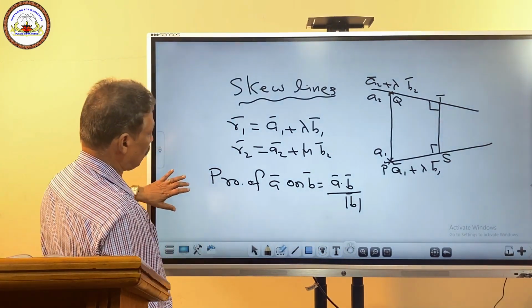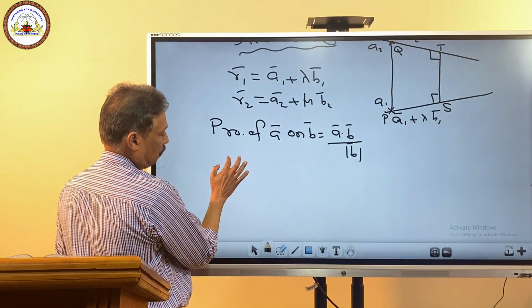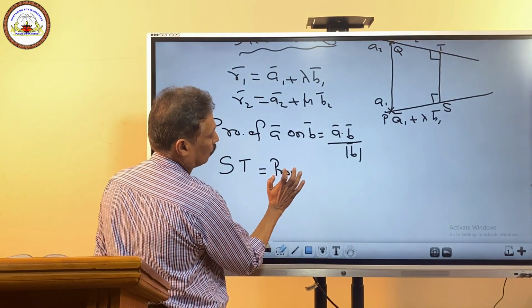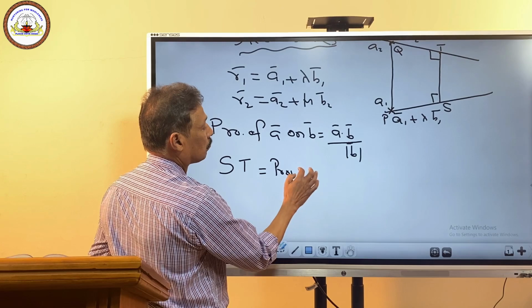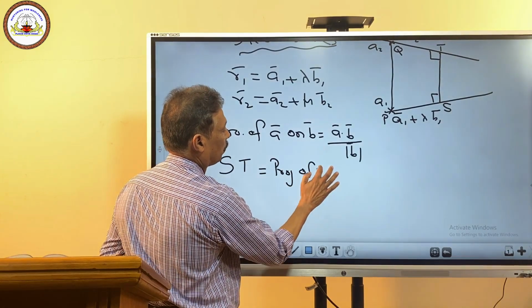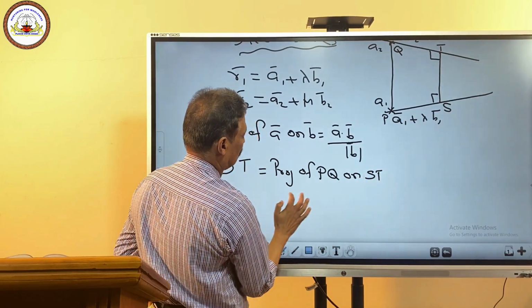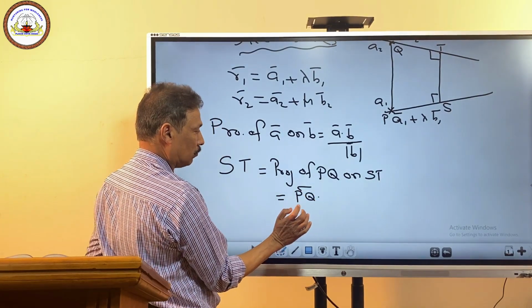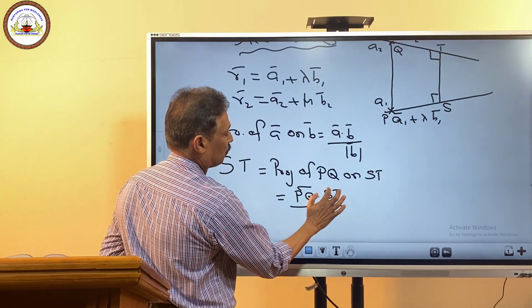Here also, the shortest distance ST is the projection of PQ on ST, that is equal to PQ dot ST divided by mod ST bar.